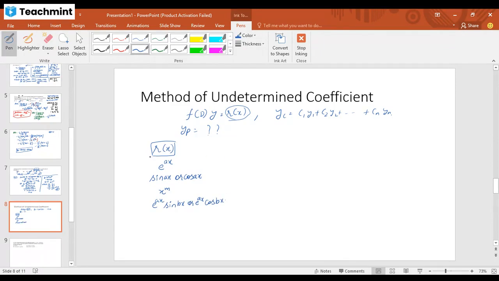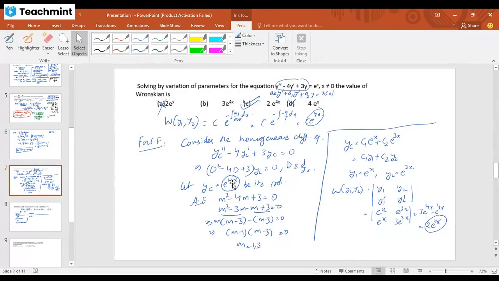Now, if this kind of non-homogeneous function is there, one important thing you will realize is that the same kind of function we'll also get in the complementary part. We'll get this kind of function in the complementary function if the roots of the auxiliary equation are real, say m equal to a, because we have assumed that e power mx is the solution.